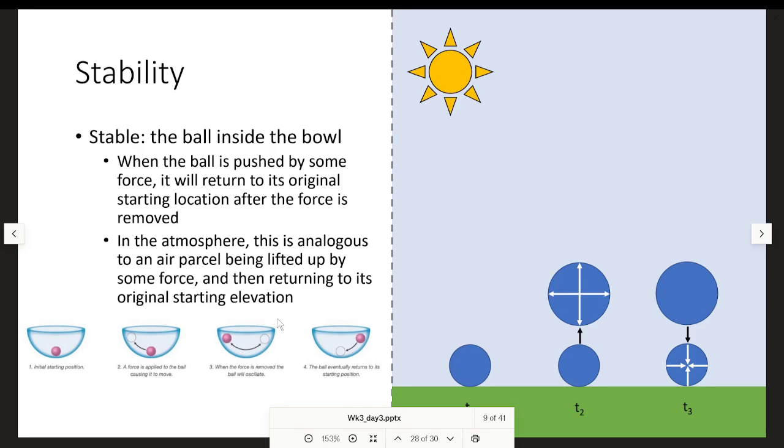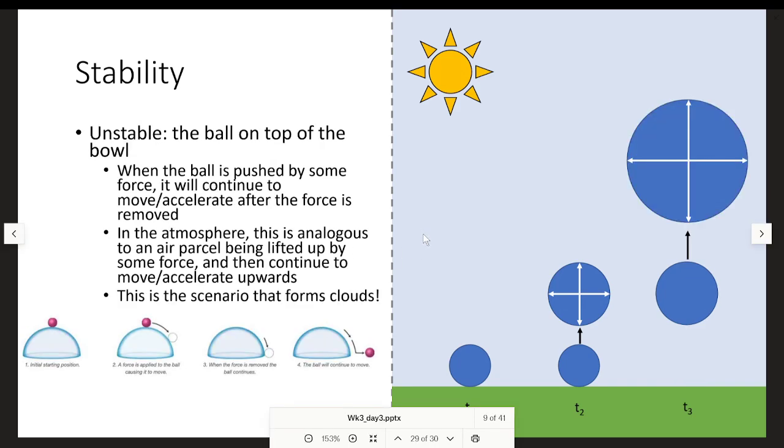What's important about something that's stable is that if you move it up or move it down, it's going to slingshot back to where it was. It liked where it was. Usually this is when the density or the buoyancy of the parcel is the same as the environment. So stability is equilibrium.